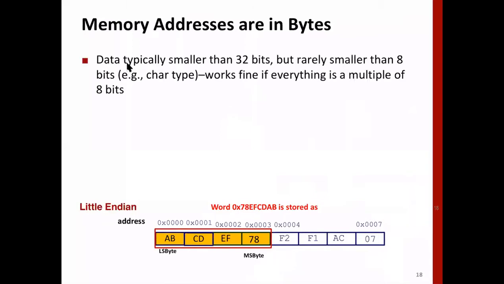Now we have a 32-bit architecture, so our address space is 2 raised to the power 32 locations. Since we are byte addressable, each location is addressable, so we have 2 raised to the power 32 bytes. This is the memory size, right? And the register size is 32 bits.